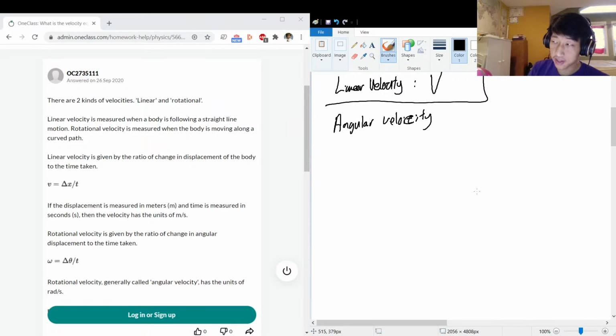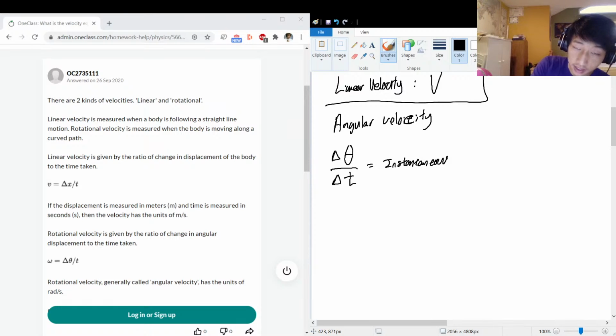Angular velocity is largely the same thing, except we're going to have angles. So it's going to be change in angle. Angle is typically represented with theta. Divide that by the change in time, and this will give us the average angular velocity.